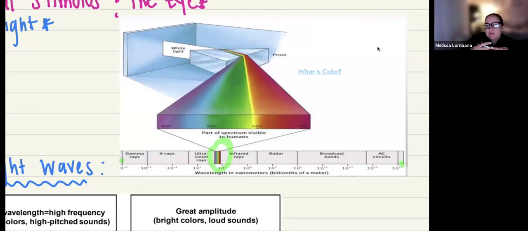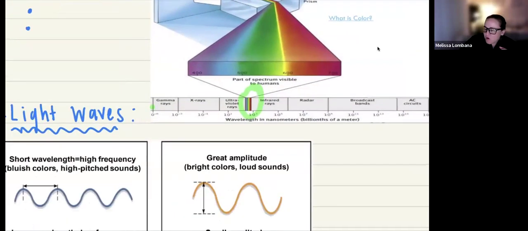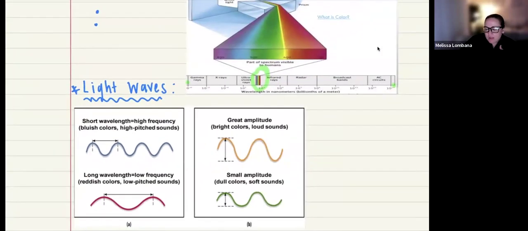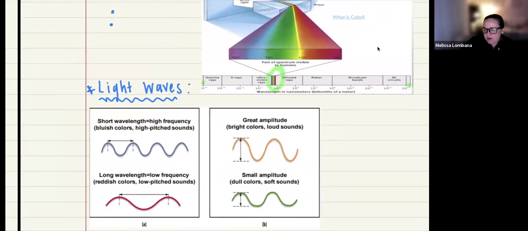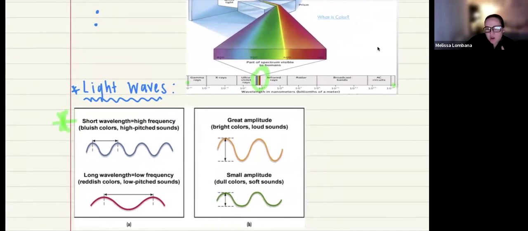Those wavelengths allow us to see color, or rather our brain processes those wavelengths and makes them into color. Now, you are going to need to know these waves. You're going to need to write these down and have them in your notebooks, please, because a wavelength of light is basically the distance from the peak of one wave to the peak of another.